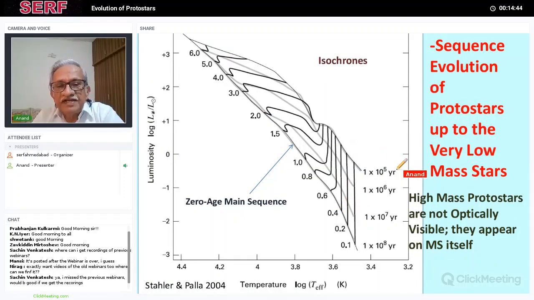And what are these lines? Let us see. This is the isochrone. That means if you have a cluster with stars of different masses, this shows how they evolve 1 times 10 to the power of 5 years after their contraction has started. So this is that line here.